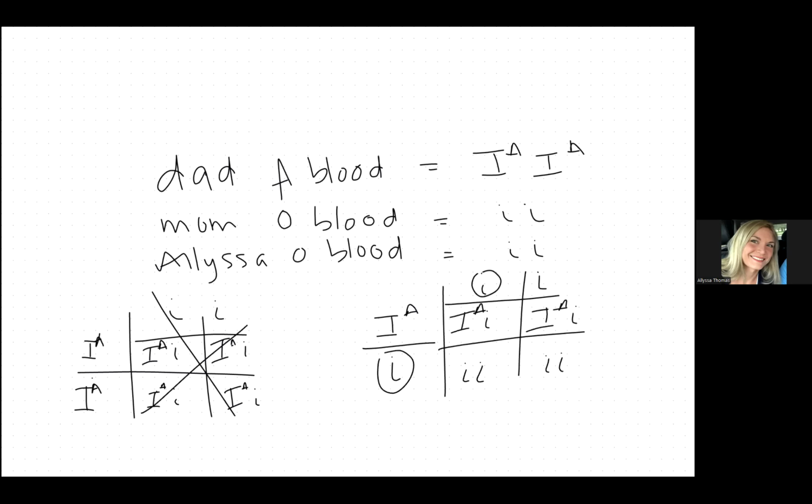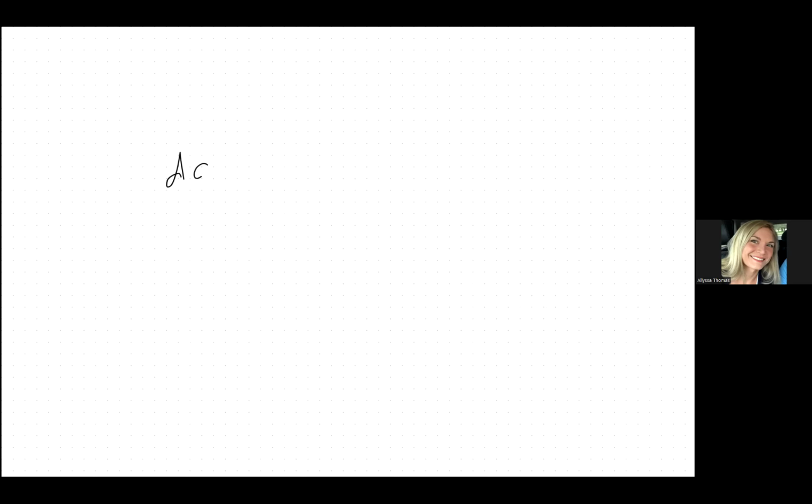Let me show you what happens if maybe dad was A and mom was B. All right. So if dad was A blood, and let's just say he's heterozygous, so he looks like this. And mom was B blood, and we'll also say she's heterozygous.